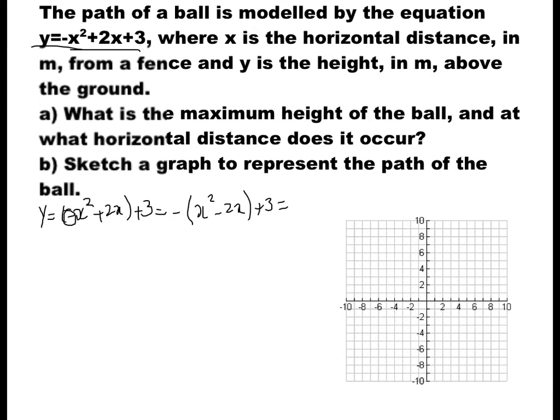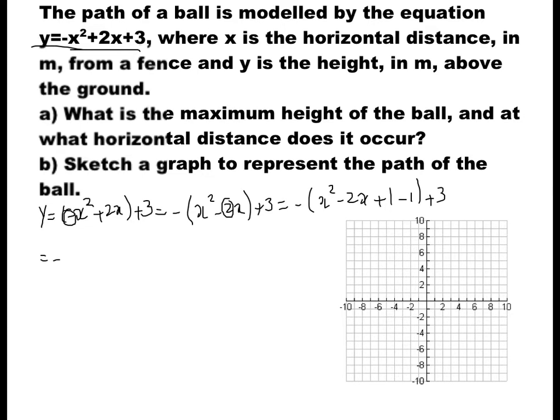Now I'm going to divide 2 by 2, which is 1, square it, add the square of it, and then subtract. So I'm going to write negative x squared minus 2x plus 1, because 1 squared is 1, minus 1 plus 3.